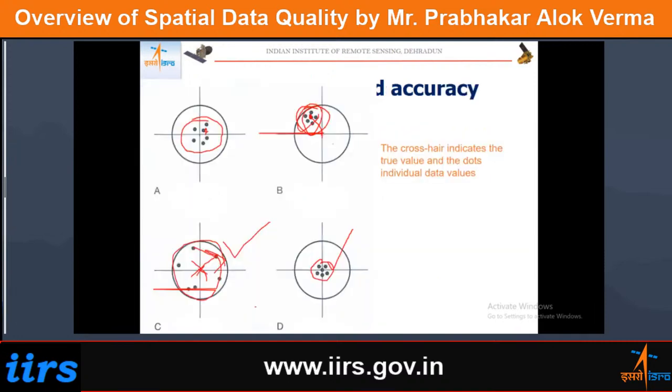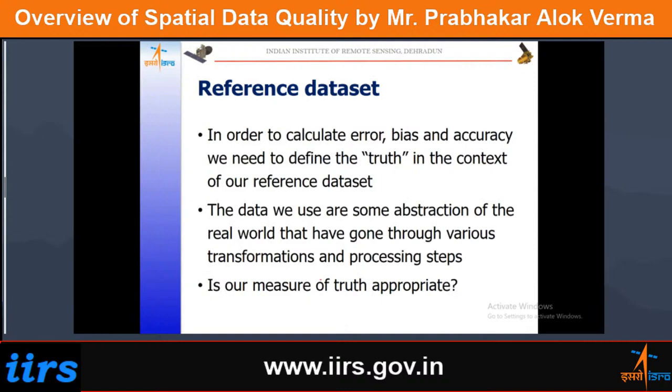Simply by comparing observed value with true value. So you need a true value to assess the accuracy, bias, and precision. Precision can be assessed on its own, but for accuracy and biasness, you need reference data.